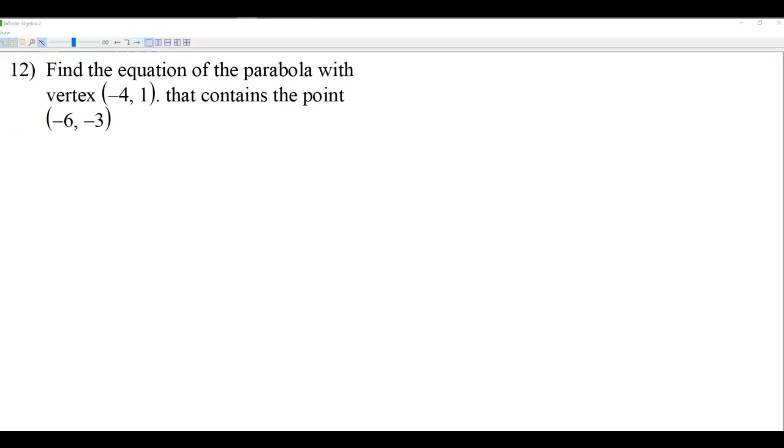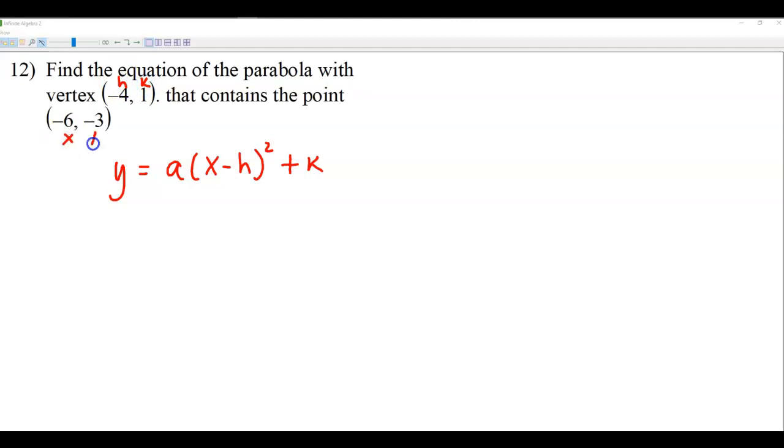Take a look at number 12. Find the equation of the parabola with the vertex negative 4, 1 that contains the point negative 6 and negative 3. So we start off with our little formula here. The numbers from the vertex give us the h and the k.